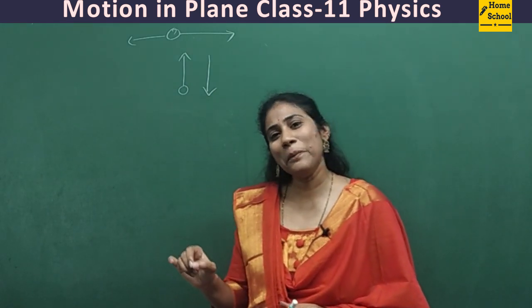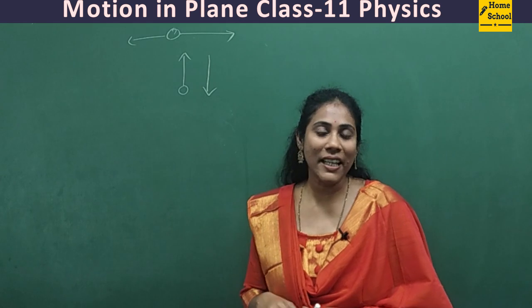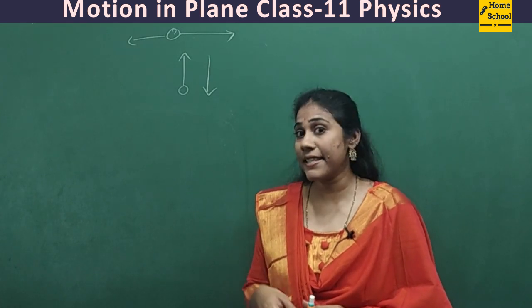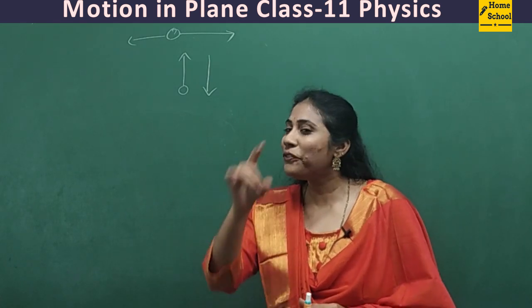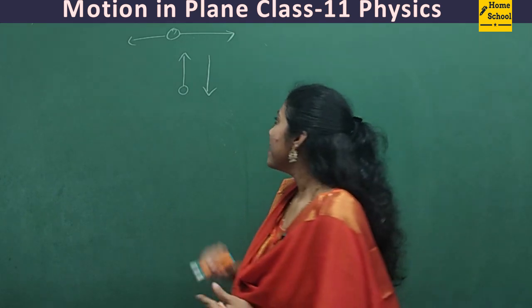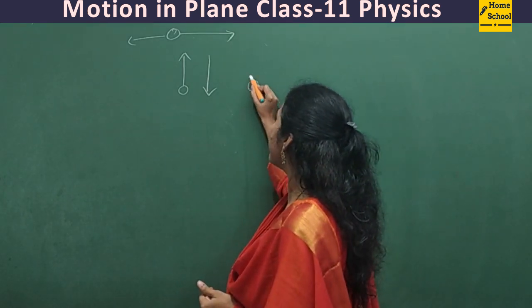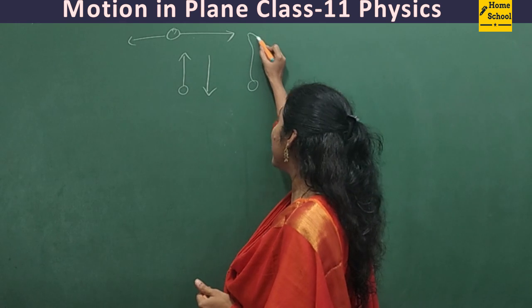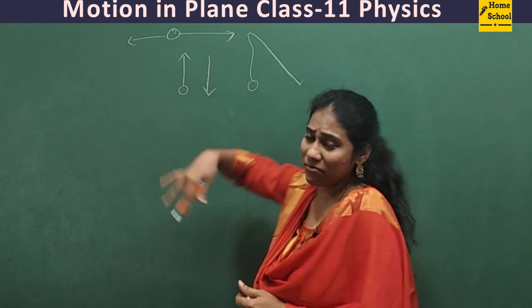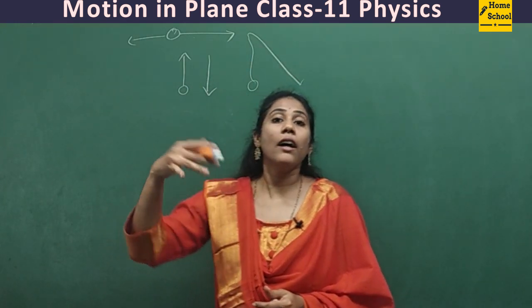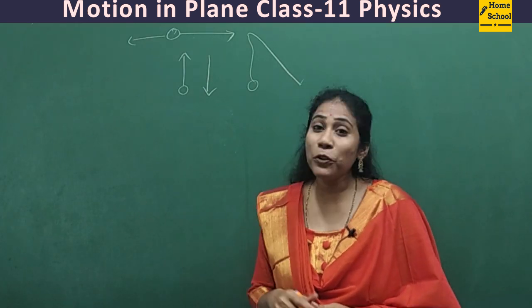And every time an object doesn't move in only one dimension. You'll have many instances where the object can move in two directions. Say the object can move something like this, and again from there it may come, it can move in two dimensions, or it can move in three dimensions.